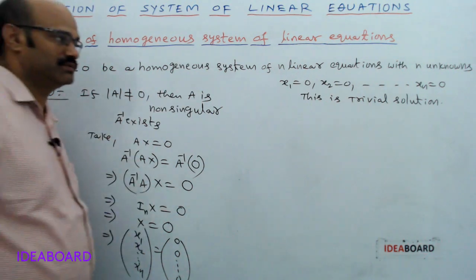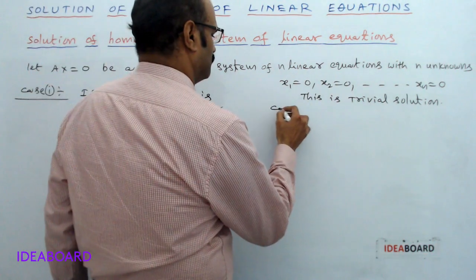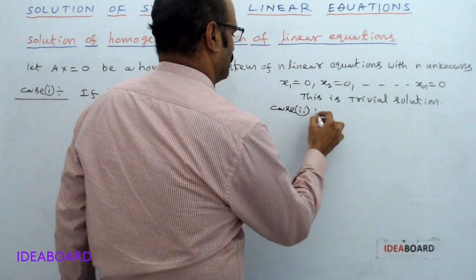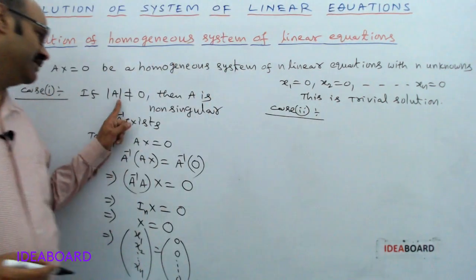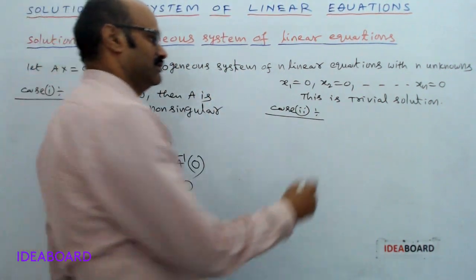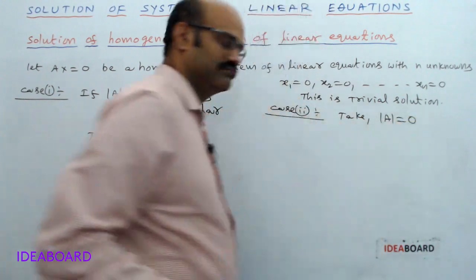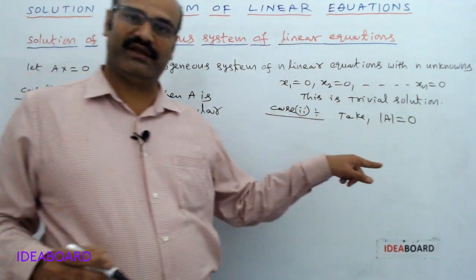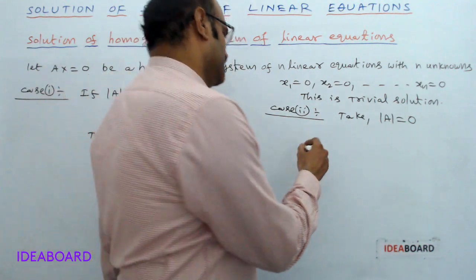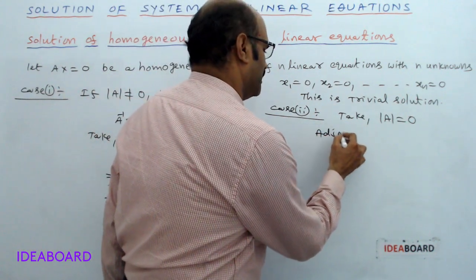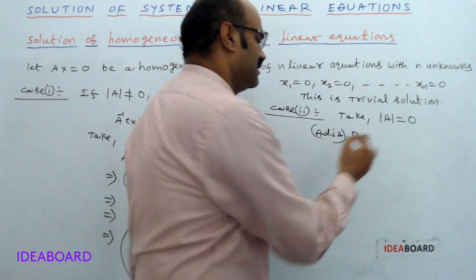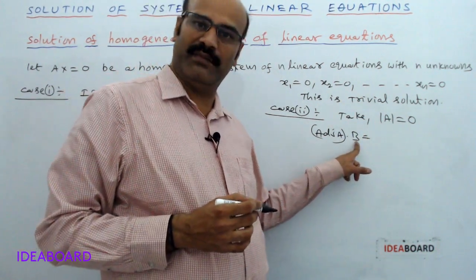Now come to case 2. In case 2, we take det A equal to 0. On the RHS we have adjoint of A into B. Here B is already taken as the null matrix.